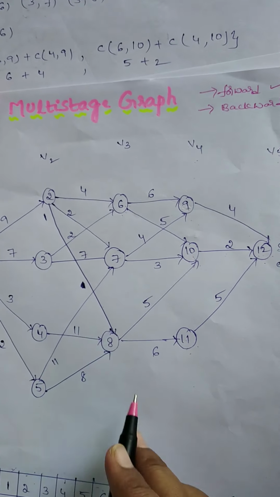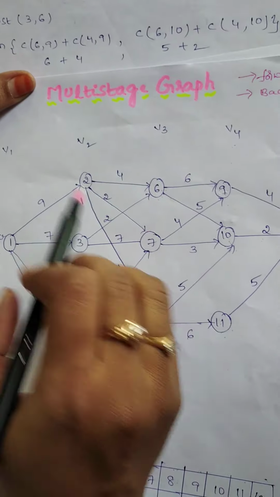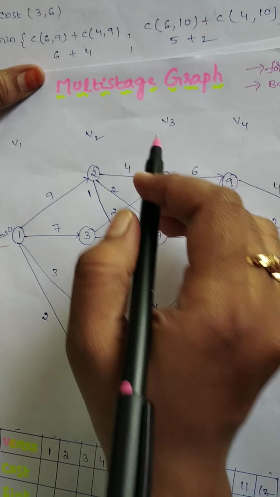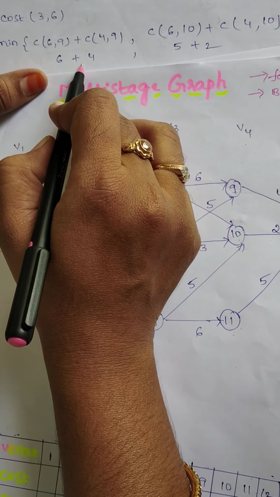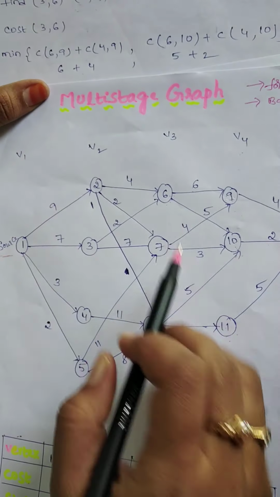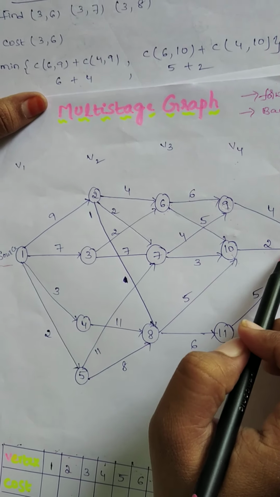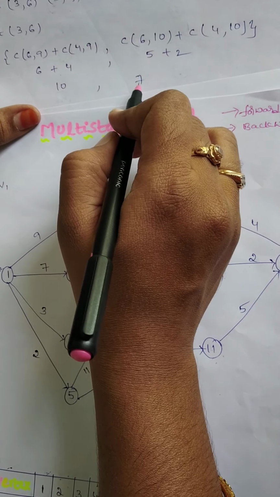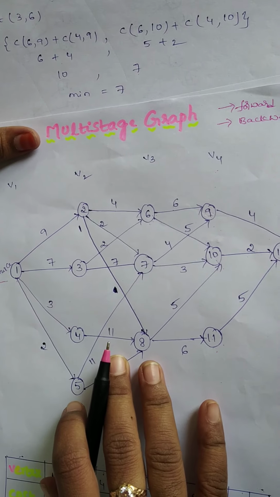Here 6 comma 9 value is 6, plus 4 comma 9 value is 4, the value is 10. Next 6 comma 10 value is 5, and 4 comma 10 value is 2, giving 7. Which is shortest? Here the 7 value is the shortest path. So cost of 3 comma 6 is 7.